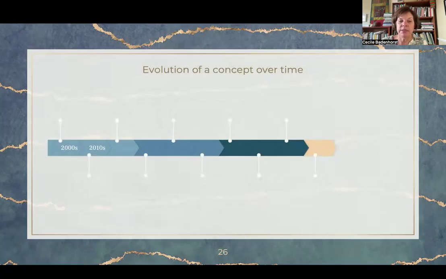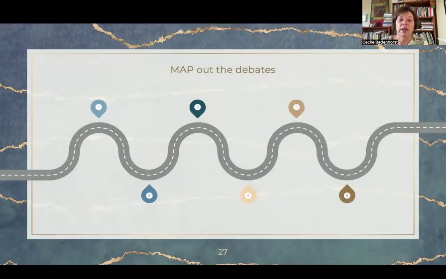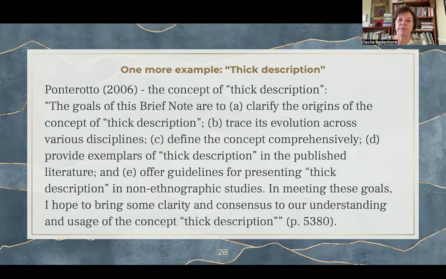But diagrams, using timelines, the evolution of a concept over time, where you can just jot down little points, maybe authors, mapping out ideas. And again, you don't have to do it in such a linear way as is presented here, but mapping out different components, drawing out the path that a concept has taken over time.